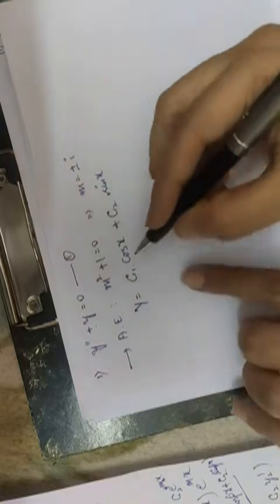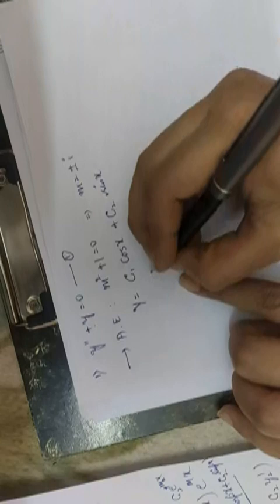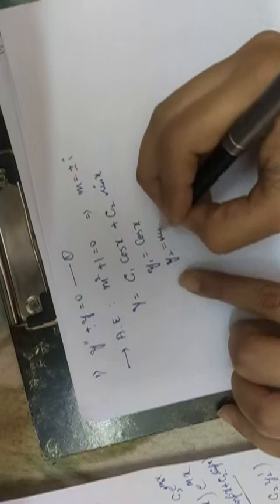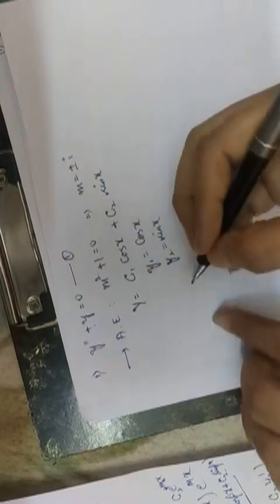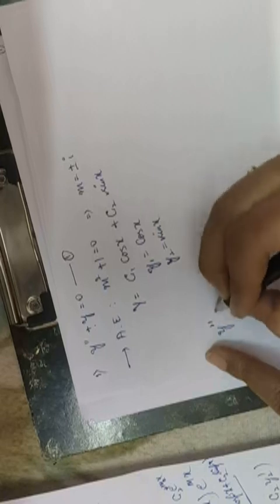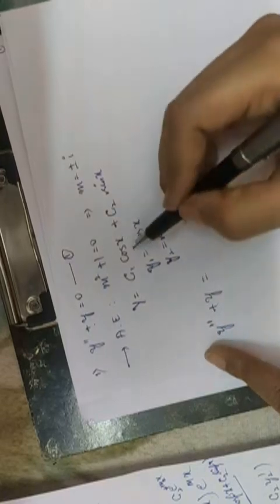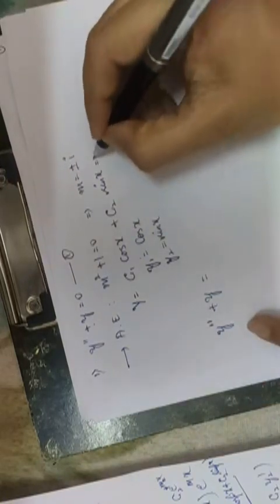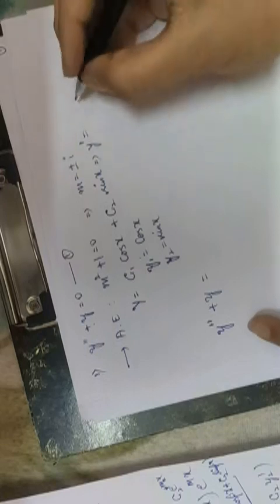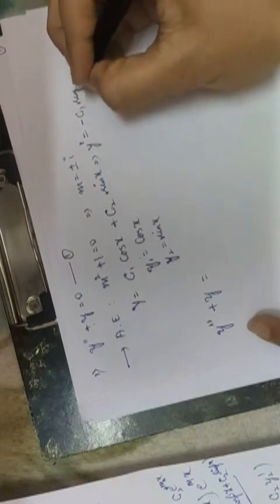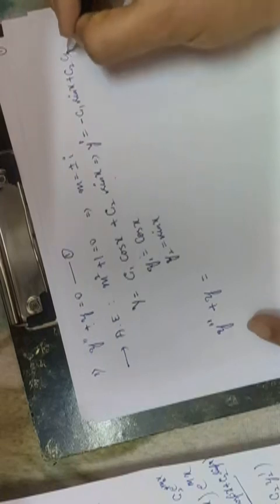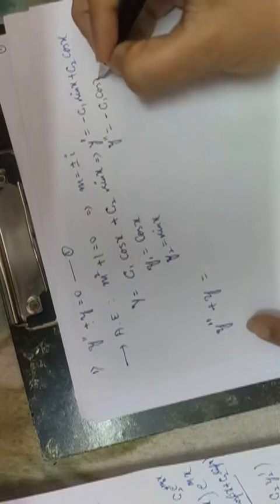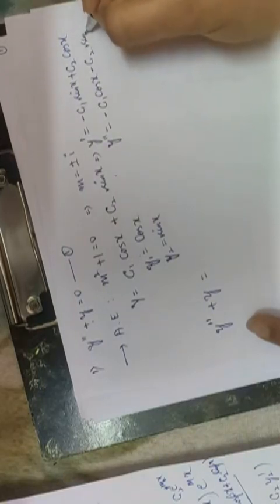Okay, so if you observe this, here y1 is cos x and y2 is sin x, right? So the equation is y double dash plus y. From this, what is y double dash? So this implies y dash is nothing but minus c1 sin x plus c2 cos x, right? So you will get y double dash as minus c1 cos x minus c2 sin x.